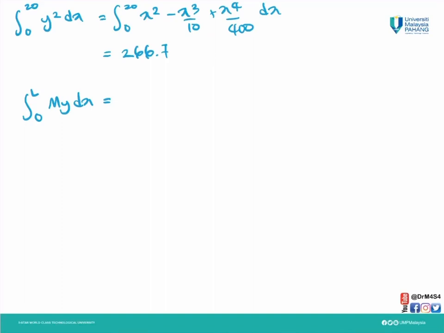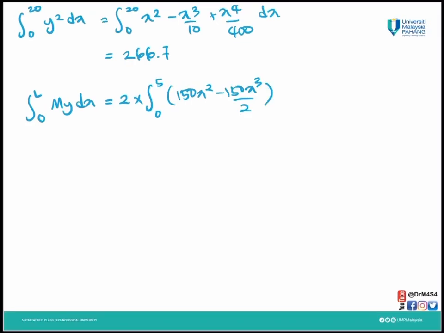Because of the symmetry, we just take times by 2, integration between 0 to 5 for our m1y, then plus m3y, integration between 5 to 15, and our m3y is x to the power of 4 divided by 2 minus.